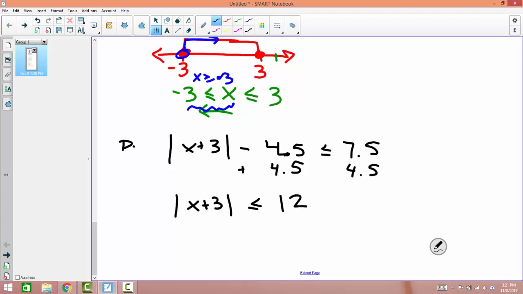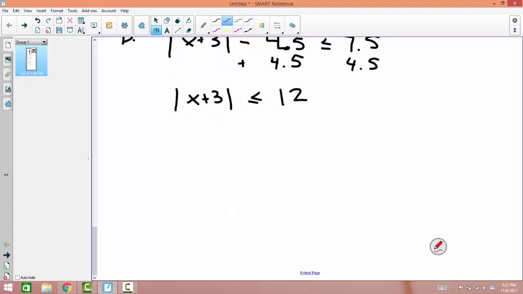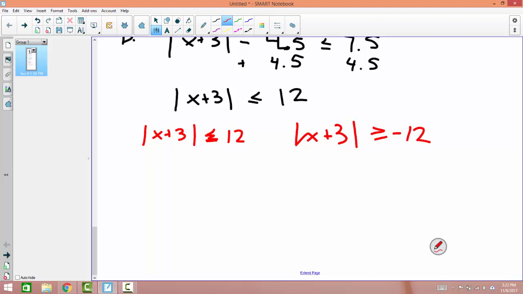Now you're going to write the two inequalities. This time it's going to take a little solving. So the absolute value of x plus 3 is less than or equal to 12, and then you're also going to write the absolute value of x plus 3 is greater than or equal to -12.